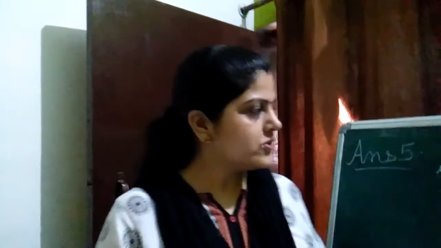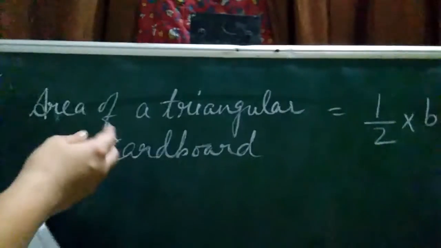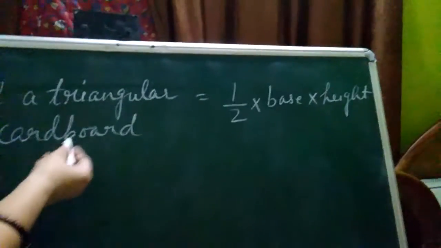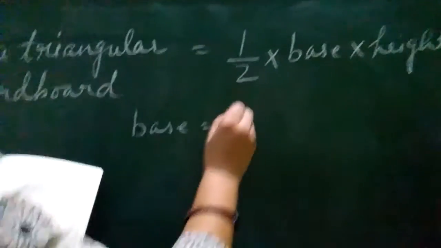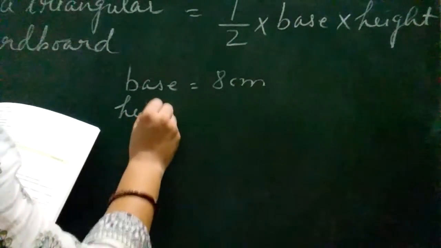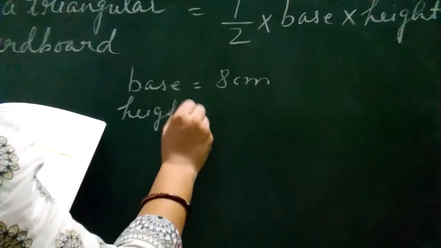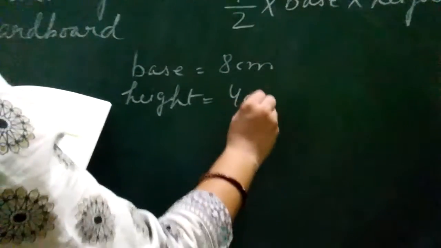A triangular cardboard has a base of 8 centimeter and its height up to vertex is 4 centimeter. What is the area of the cardboard? So let's find the area of the cardboard. Here the area of a triangular cardboard is equal to half base into height. So here the base they have given is 8 centimeter and height they have given is 4 centimeter.